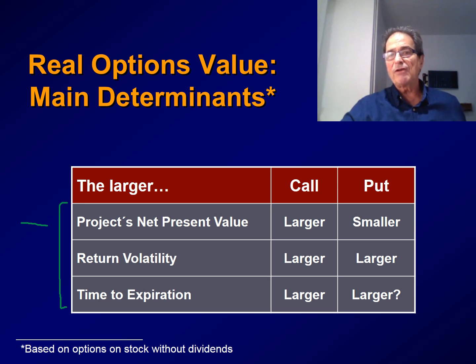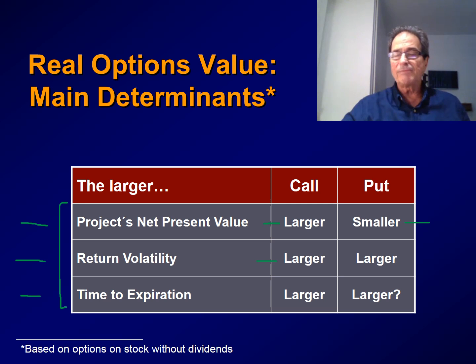Well, when the net present value of the project is larger, the value of the call will be larger, the same that happens in a financial call. And the value of the put will be smaller, the same that happens in a financial put. When the volatility of the returns of the project is larger, both the call and the put will also have more value.